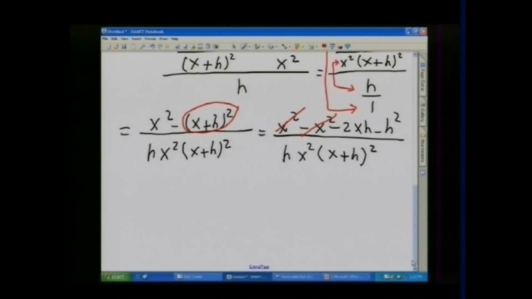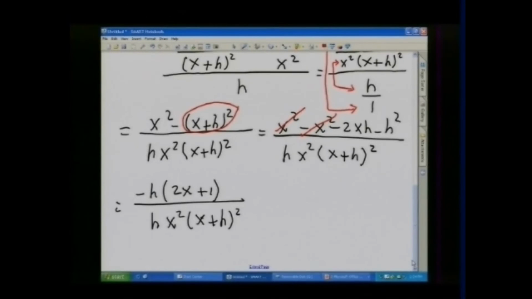So in the numerator, I have two terms, both of which have h in them. So if I factor out, let's say, a minus h, I would get minus h times 2x plus 1, divided by h squared times x plus h squared.